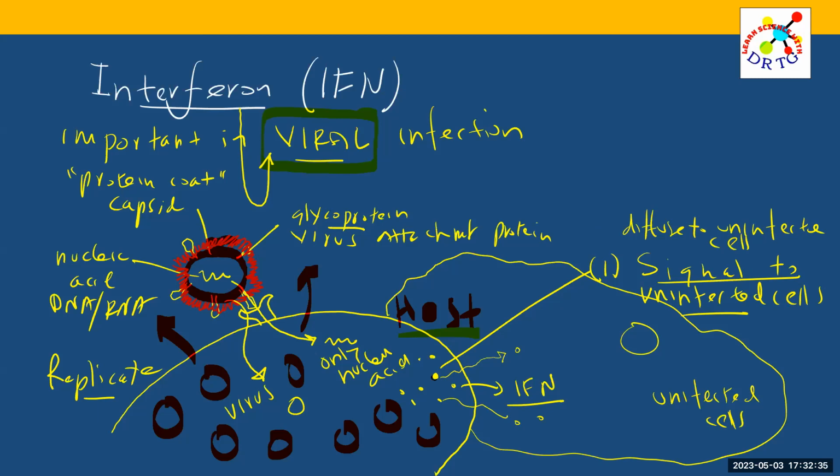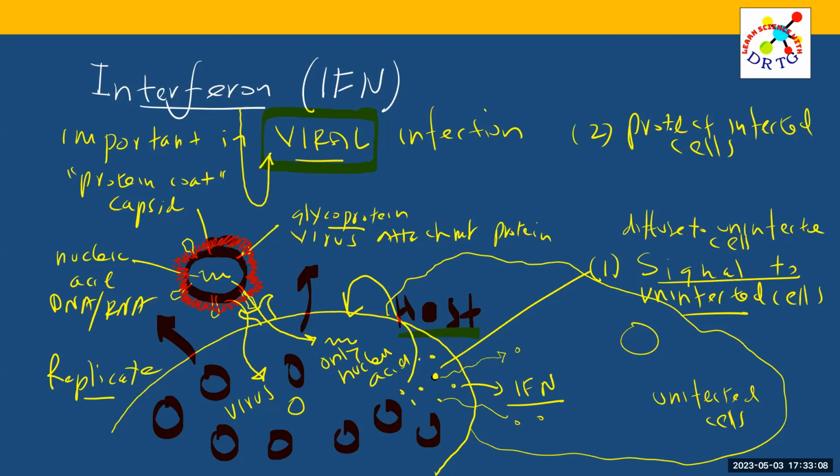So for uninfected cells, interferon serves as a chemical messenger. When interferon is available, uninfected cells can prepare for the situation. At the same time, interferon also tries to protect the infected cells. So the second one is to protect infected cells.